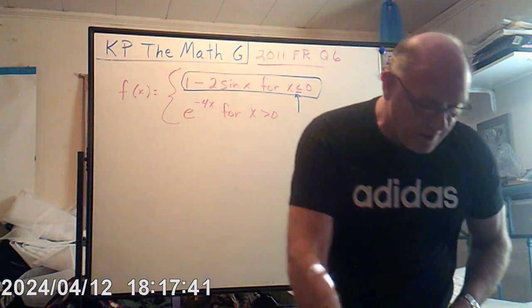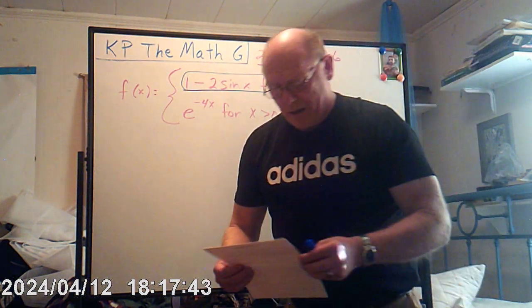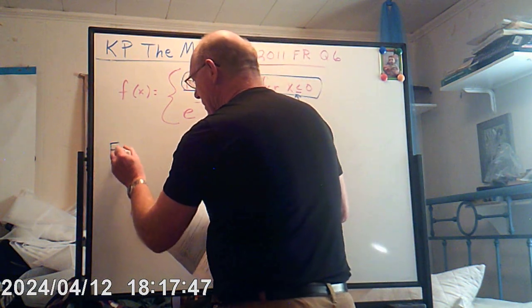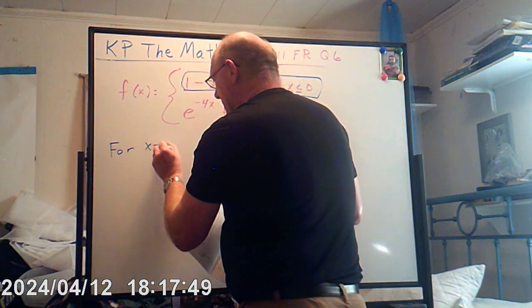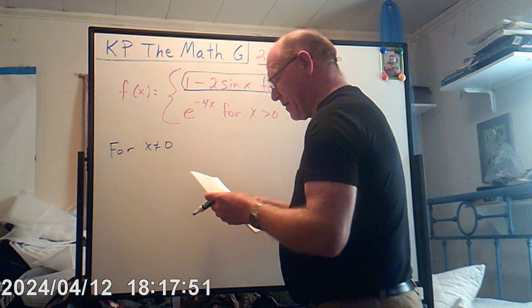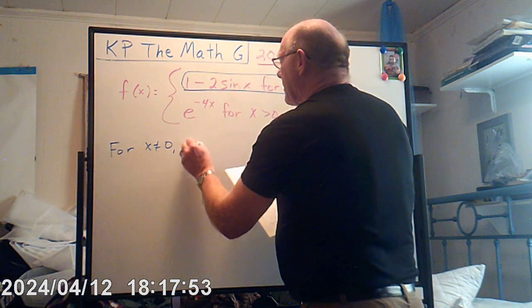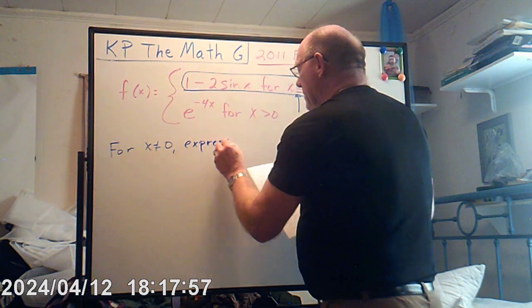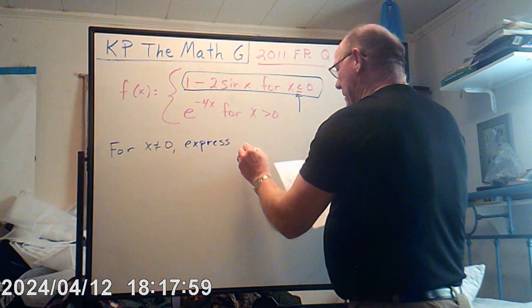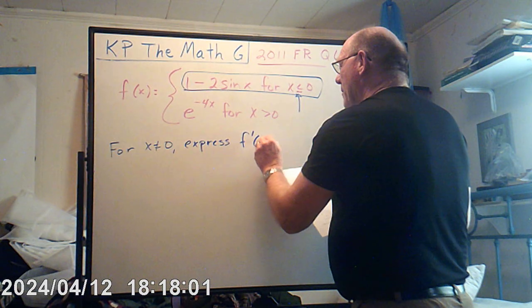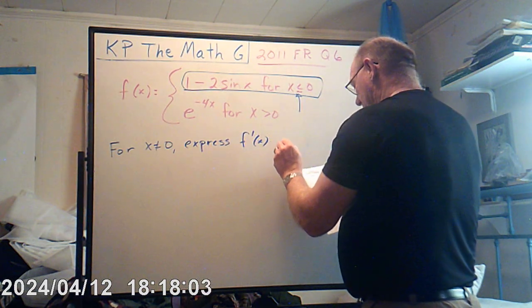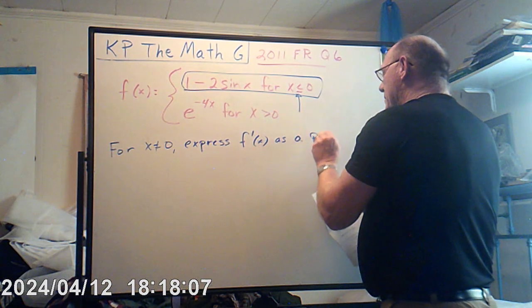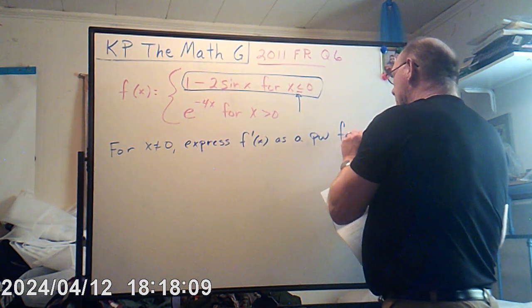So let's go ahead and get, it says for x not equal to 0. All right, so we need to express f prime at x as a piecewise function.